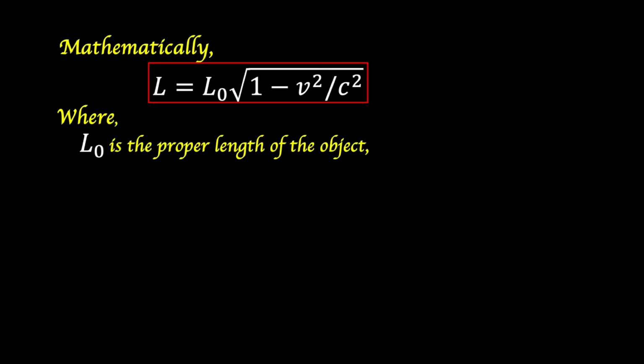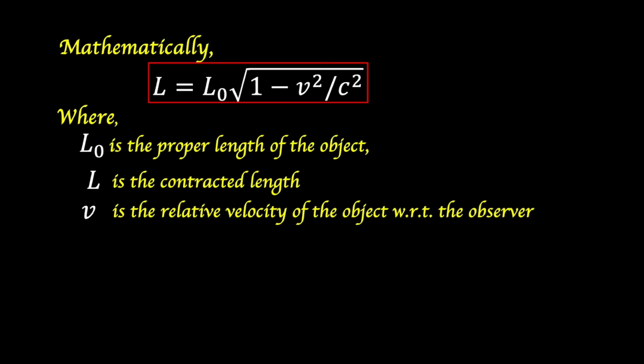Mathematically, length contraction is described by the formula L = L0 times square root of 1 minus v square over c square. Where L0 is the proper length of the object, L is the contracted length, v is the relative velocity of the object with respect to the observer, and c is the speed of light in vacuum.